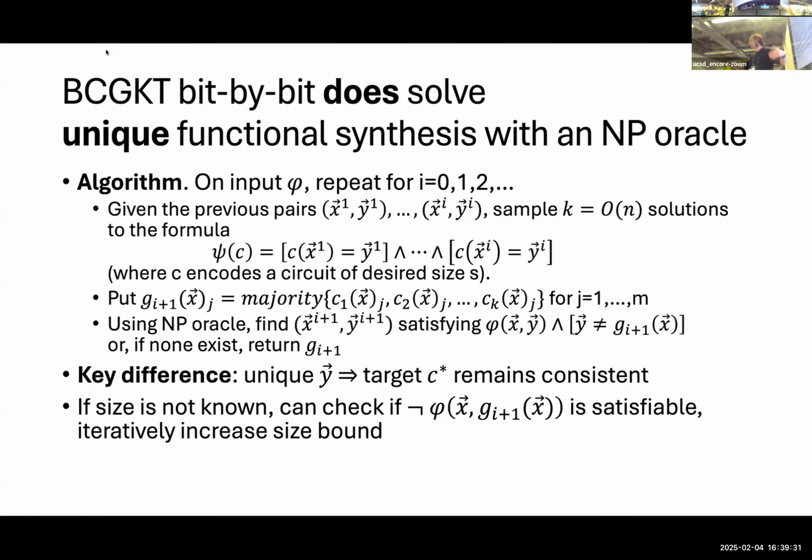This is not necessarily going to be minimum size, because I've still sampled a linear number of circuits and taken a majority, so it's slightly worse than minimum. But up to, say, a linear factor, it might be minimum size. So it's approximate minimum circuit size. I guess it ended up being related to the MCSP after all.